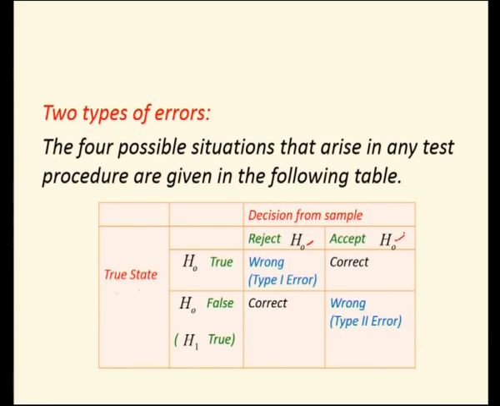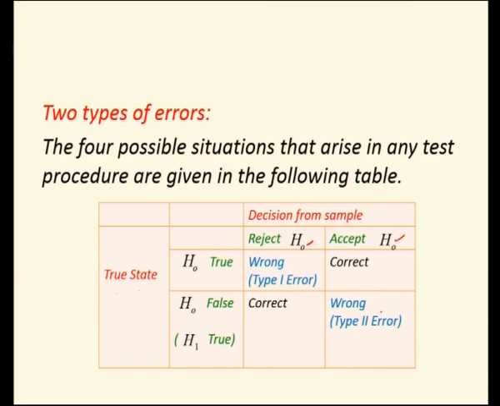Now, you reject the hypothesis when the hypothesis is true, you are committing a mistake, that is called a type 1 error. Similarly, when you accept the hypothesis and if the hypothesis is true, then your decision is a correct decision. Come to this particular part, you reject the hypothesis when it is false. Once again, it is a true statement, so it is a correct decision.